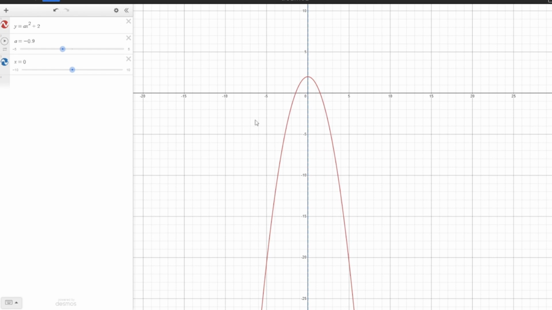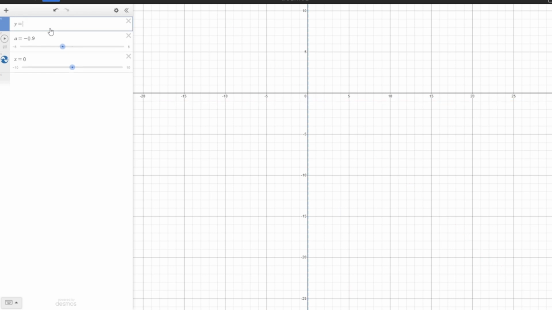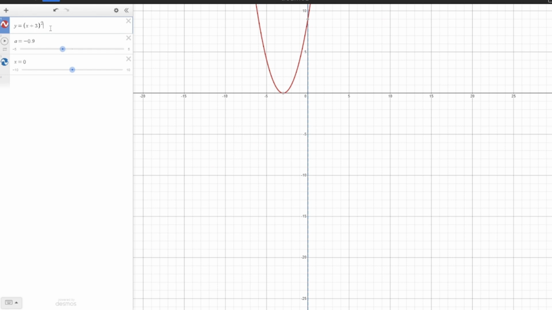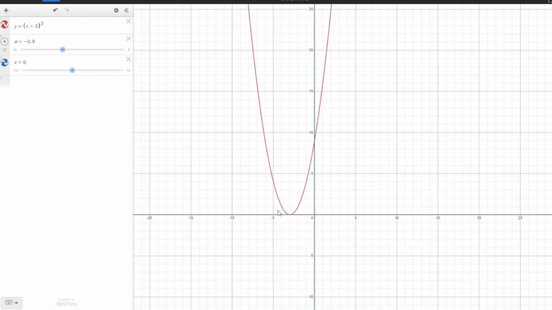Now, it's not always going to be 0 if I ever translate my graph over. So I'm going to do something else here. If I translate my graph over to the left or right, or just anywhere along the x-axis, you can see how x equals 0 is no longer an axis of symmetry that can satisfy this parabola. So then once again, I need to look at my vertex.